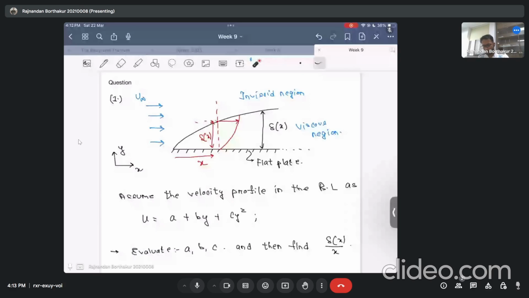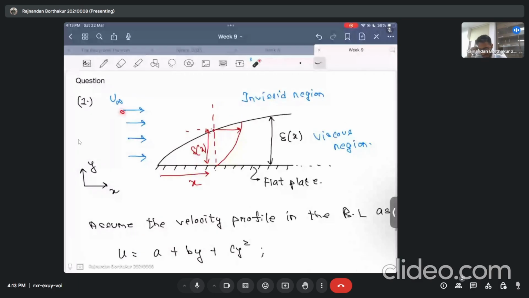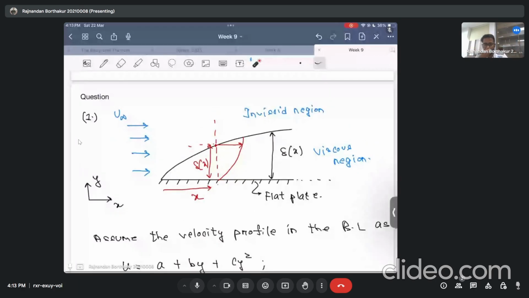Okay, all right. So what it says is that it's just a flat plate analysis that I just now stated. There is a fluid, as you can see, that is coming with some u infinity from the left hand side of my screen, and then suddenly it experiences a flat plate in its downstream, or let's say in its path.